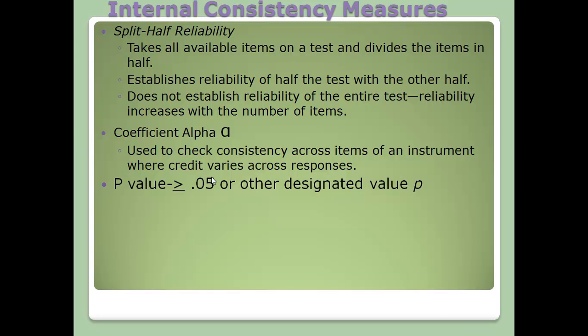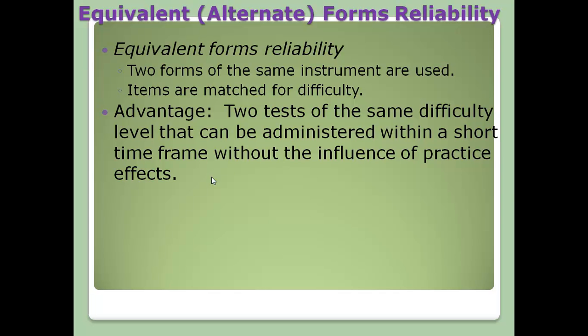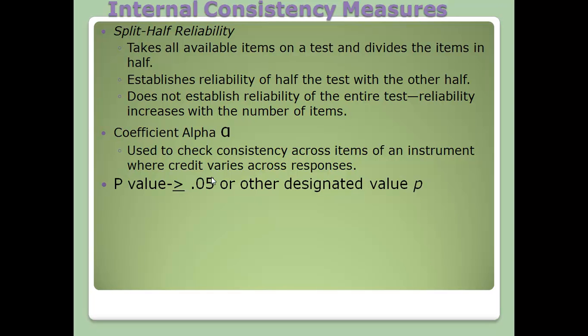Now, other consistency measures, we have a split half reliability. And this is when it starts getting a little bit hairy. What do we do when we don't have the option of using, as in this one, equivalent forms? If we don't have equivalent forms to use, sometimes what we can do is we can cheat a little bit.